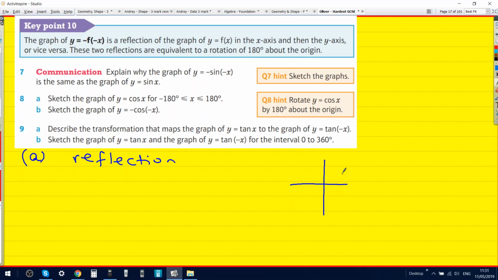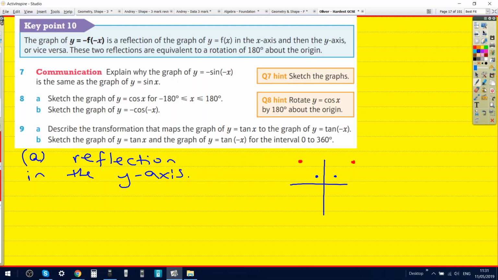And so that one moves to there, that one moves to there. And so what is the mirror line? 0, y, just y. Yeah, reflection in the y-axis. Or in the line x equals 0.